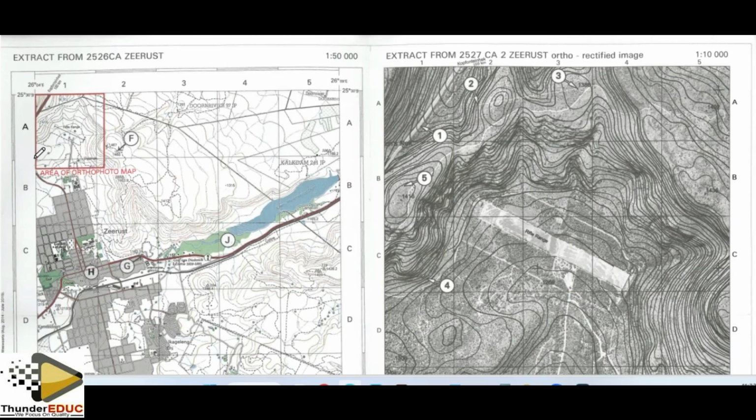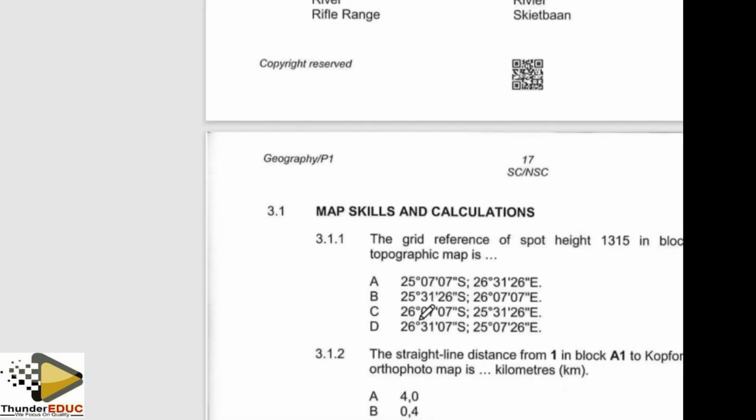Now let's see the options. The longitude should be 26: if this is 4, this is 5, this is 6, and this is 7. So it should be 2607, and 2531. Let's look at those options. The ones starting with 26 are wrong.